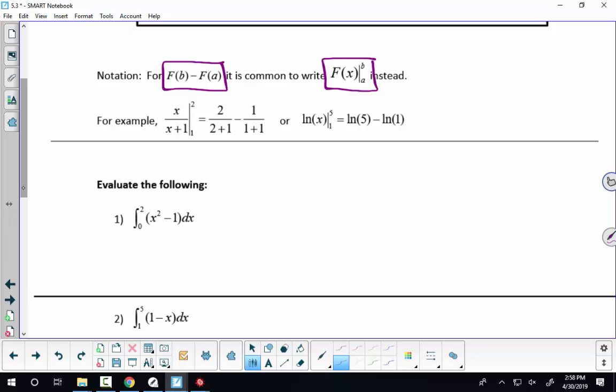Now, in order to evaluate this, unless it tells us to explicitly, we don't have to take the limit of the sum of f of x star times delta x. What we can do is find an antiderivative of x squared minus 1. So that's the first thing we're going to think about. What's the antiderivative of x squared minus 1?